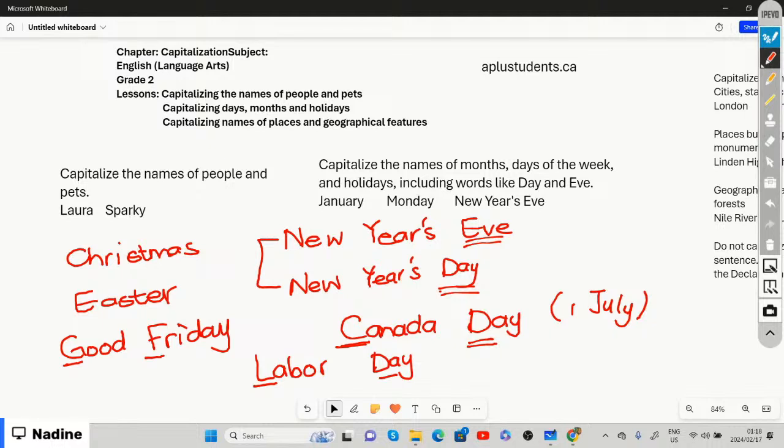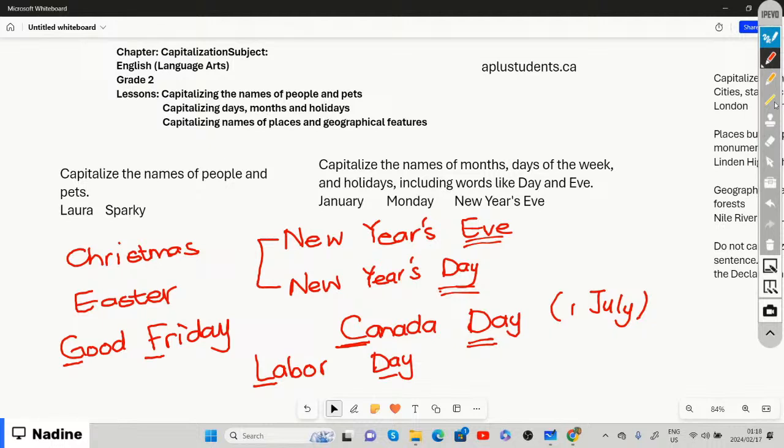And then we also have to capitalize the months of the year, we capitalize the days of the week, and we capitalize the holidays, including the word such as eve and day. Right?